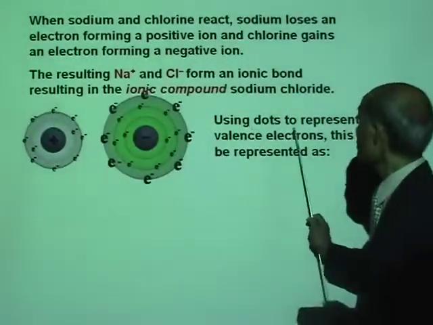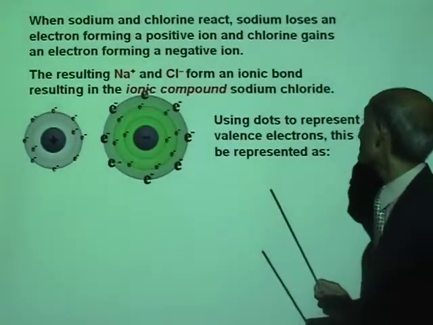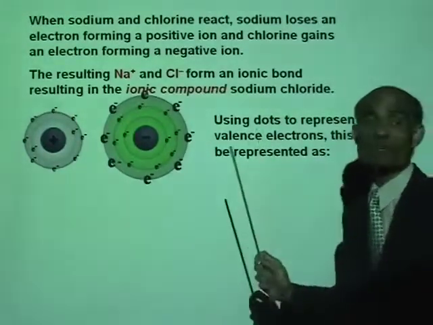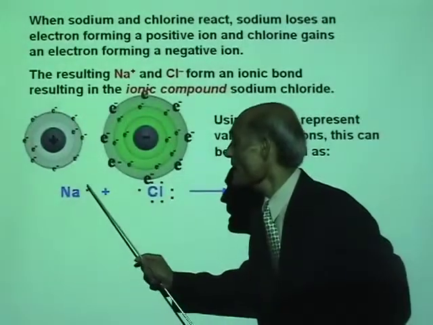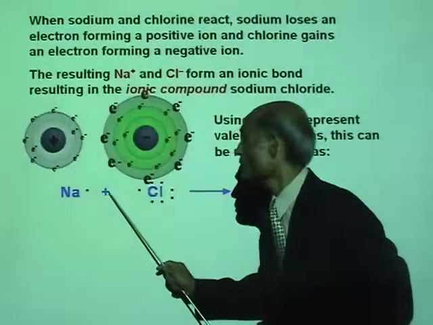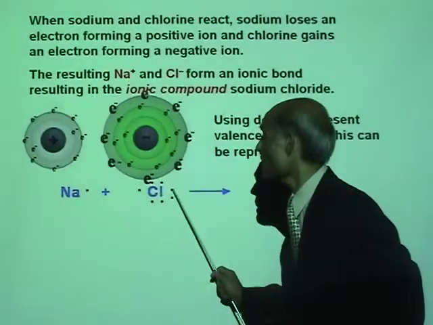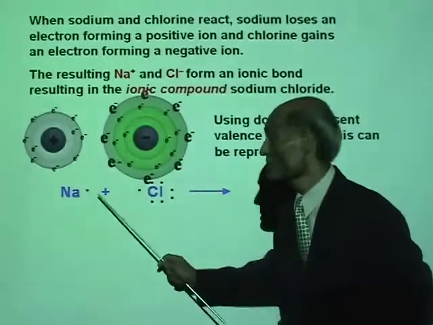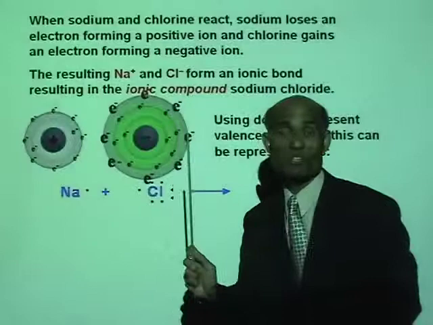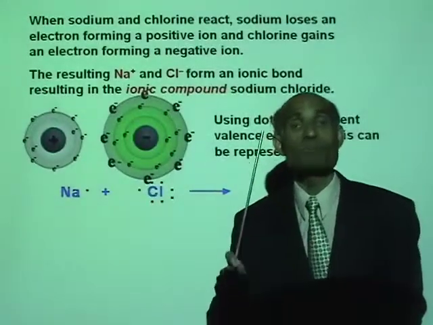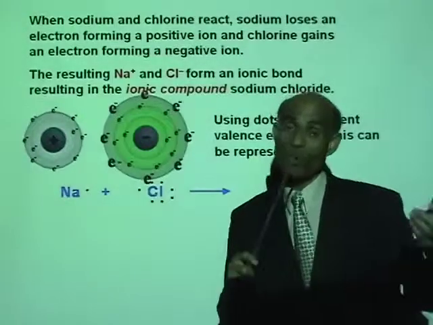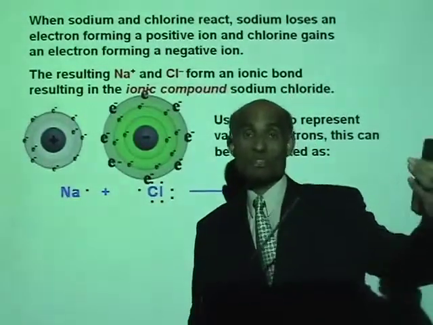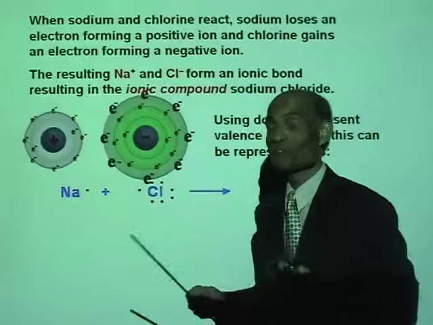Now, using dots to represent valence electrons, this can be represented as, look at the way we're going to represent it, Na with 1 dot plus Cl with how many dots? 7 dots. Na with 1 dot. What does the dot represent? It represents the valence electrons. We have done that in unit 3. So all these are information that we're going to use from unit 3.